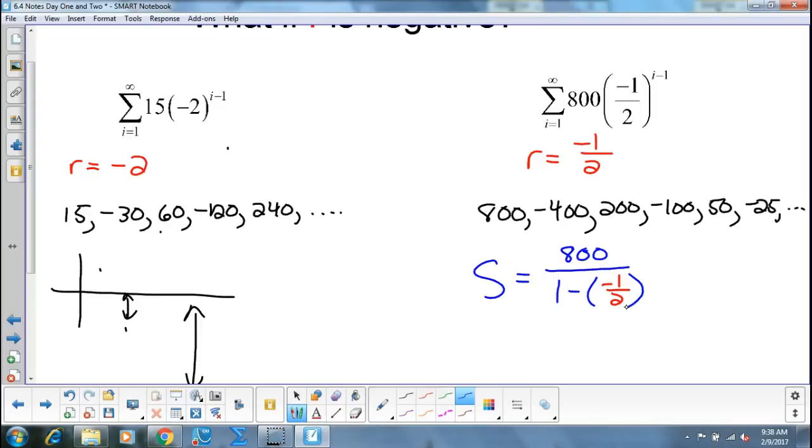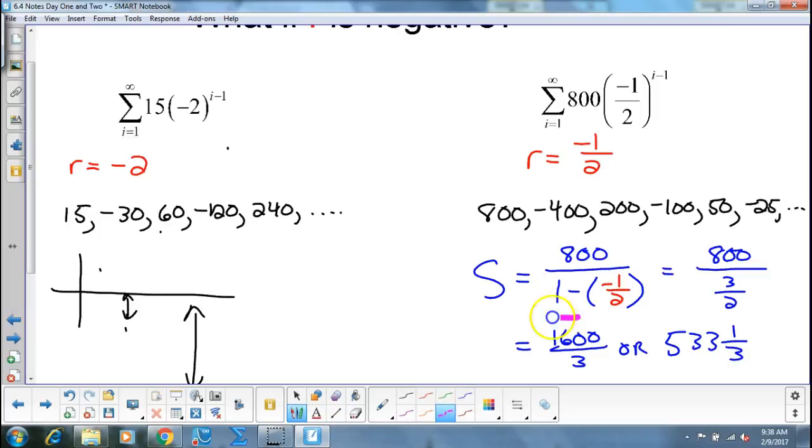Okay. 800 divided by 3/2, that's 1600 divided by 3, right? Which is 533 1/3. Okay? And that actually works. Okay?